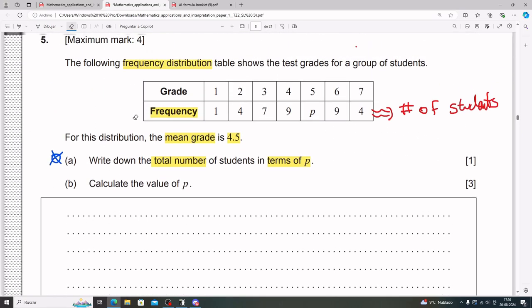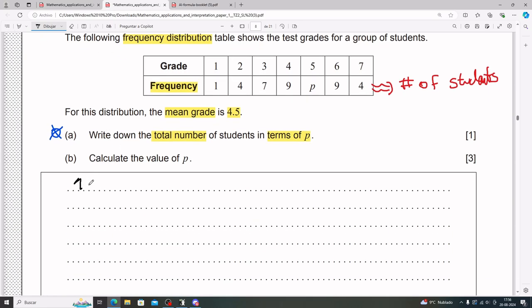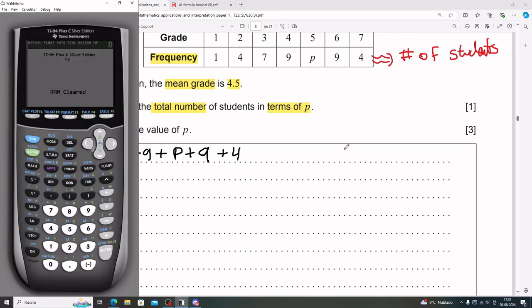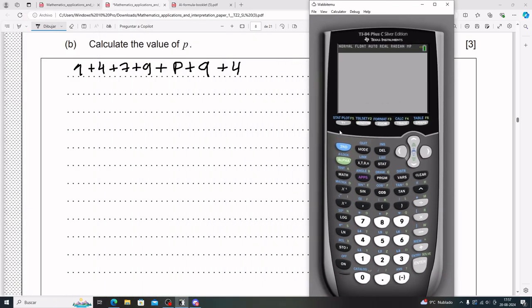So for part A, we need to write down the total number of students in terms of P. So the number of students has to be all the frequencies added up together. So you can have 1 plus 4 plus 7 plus 9 plus P plus 9 plus 4. Now you can do that with your brain, or you can use the graphing calculator because you should have it for the test. So why not?